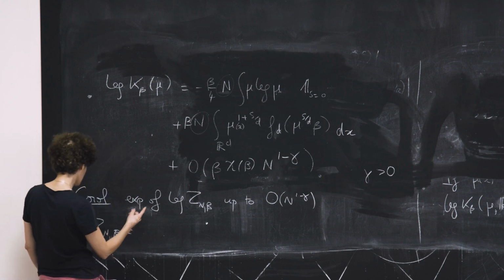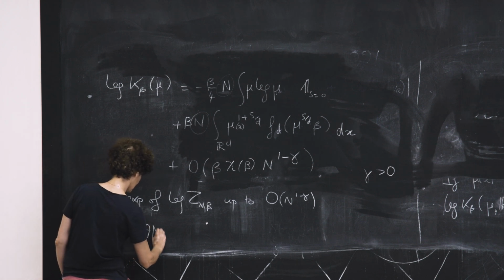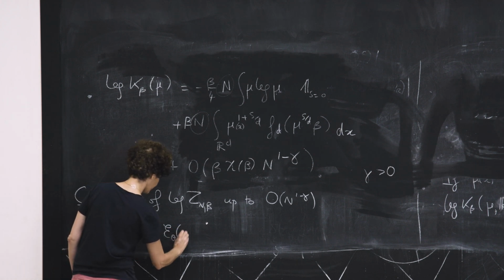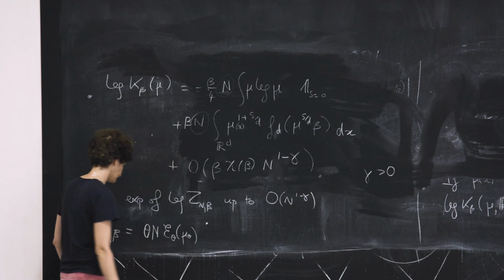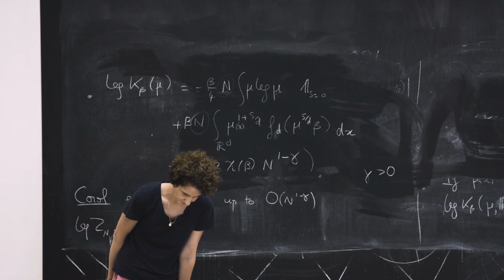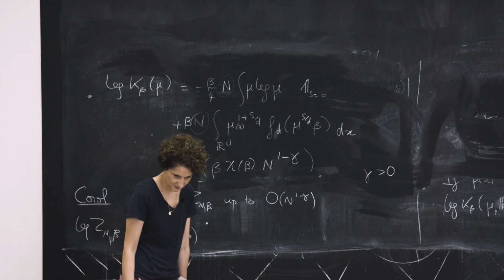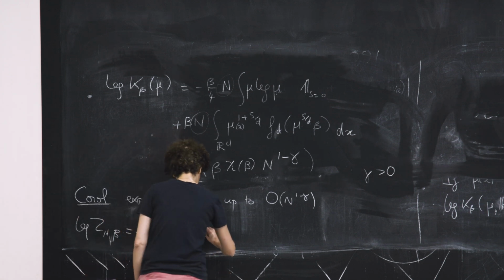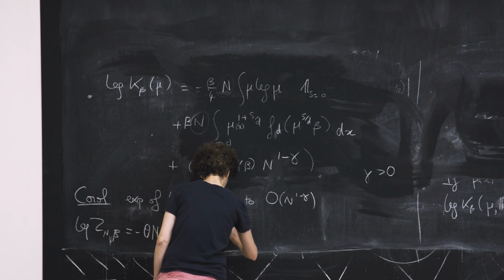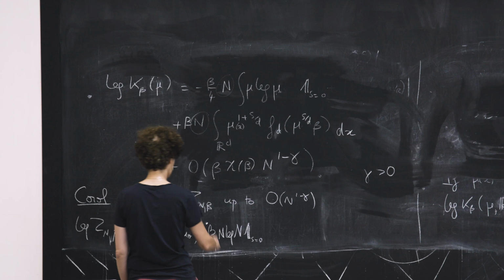If you remember, the beginning of the expansion was something like theta n E_theta of mu_theta, and there's a minus sign. And then there was some n log n term in the case of log interaction, and then plus this.